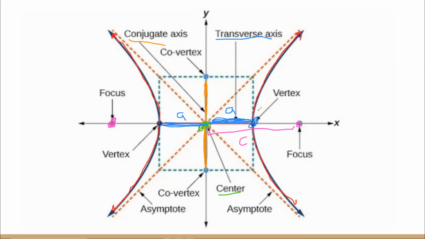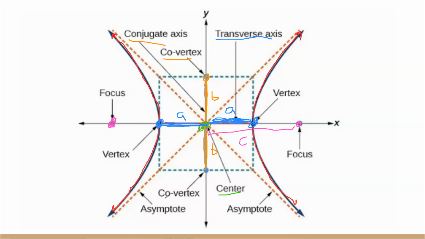And the vertex is the point on our hyperbola and also on this dotted box. So when we graph a hyperbola, we're going to find the two vertices by going from the center and moving a units left and right, if we know it opens up left and right, and then move from the center up and down b units, and that helps us find our co-vertices.